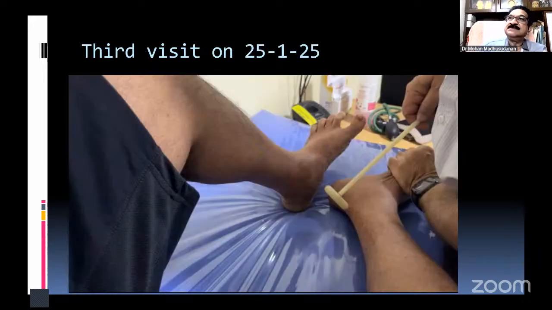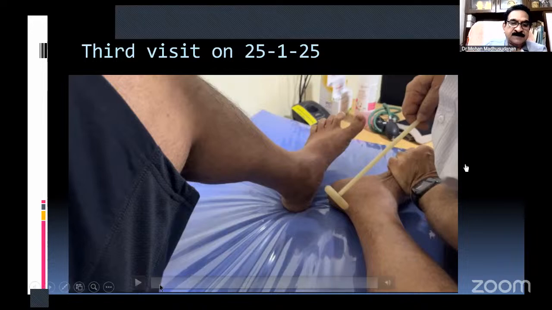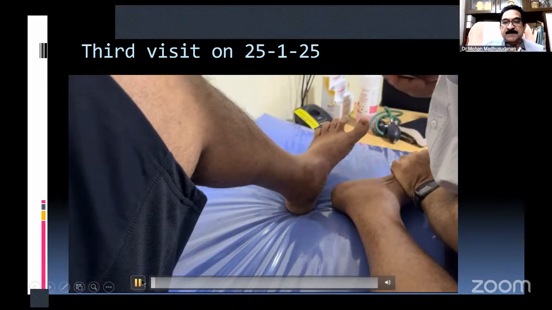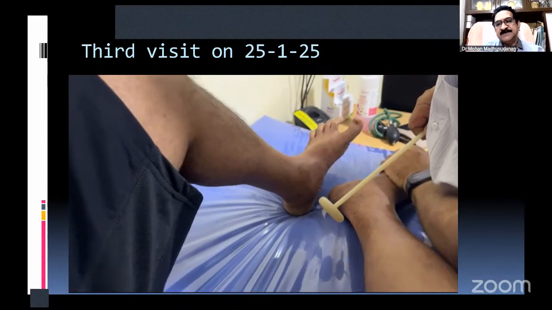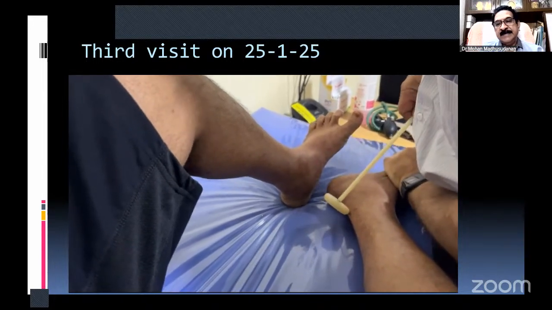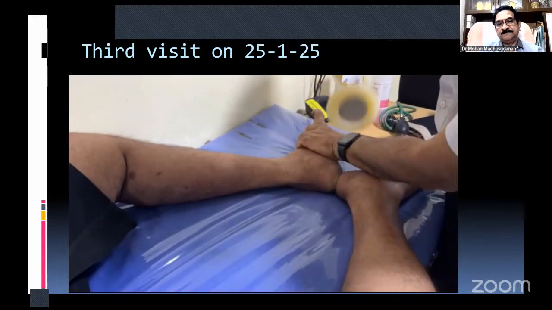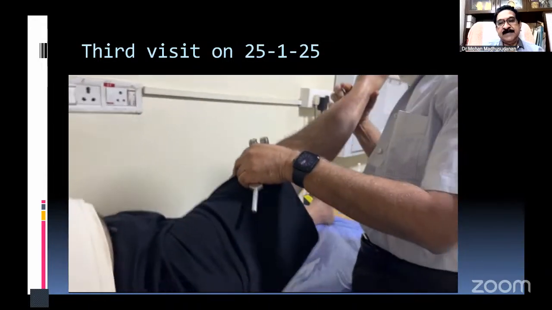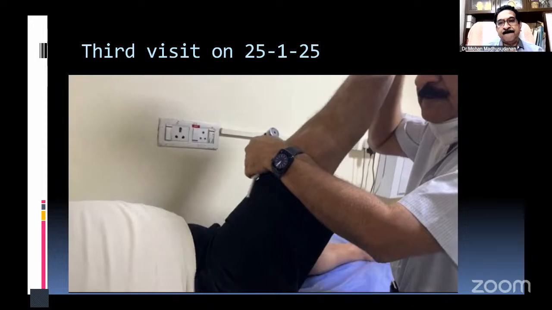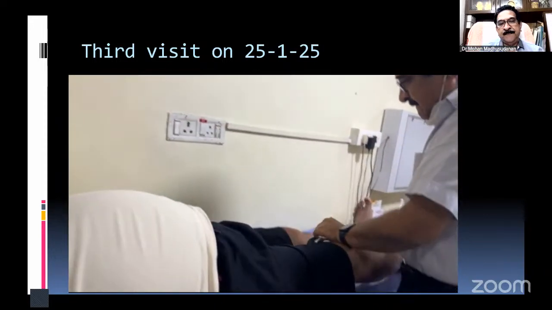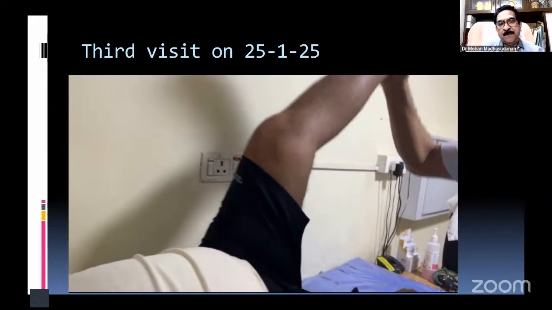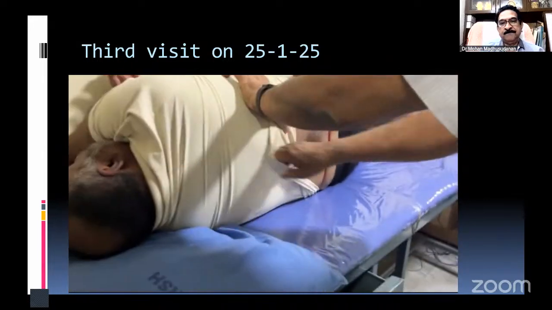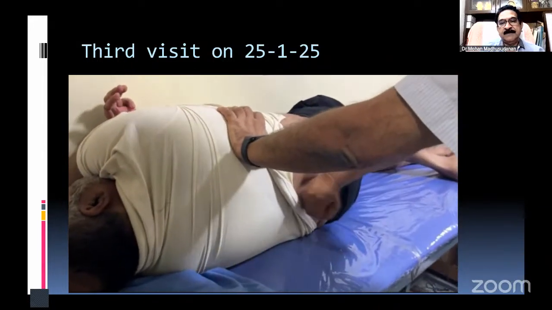So the third visit was on January 25th. Then the ankle jerks continued to remain absent. Power was normal. The rest of the values are all normal. And look at the gait now. There was again not much pain. There is no pain now.